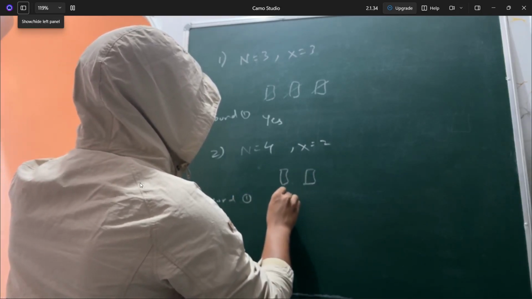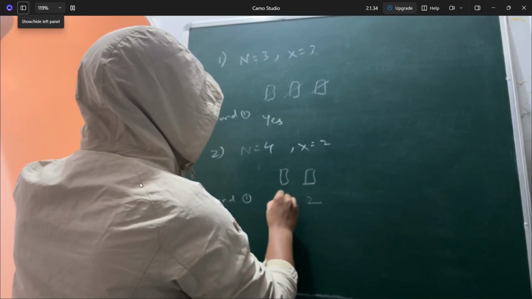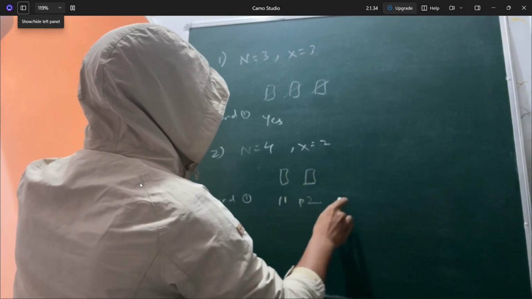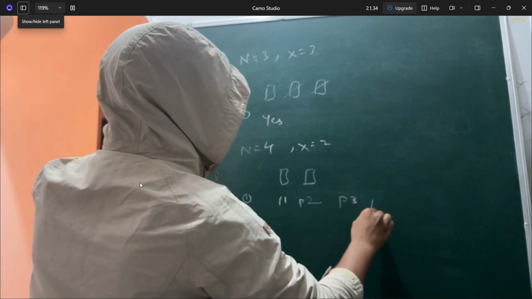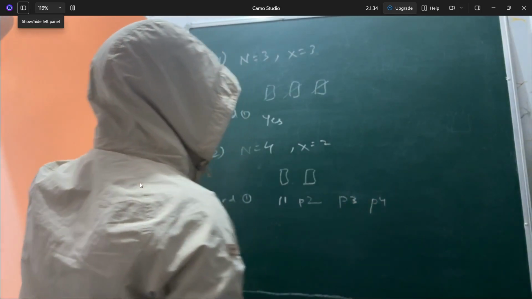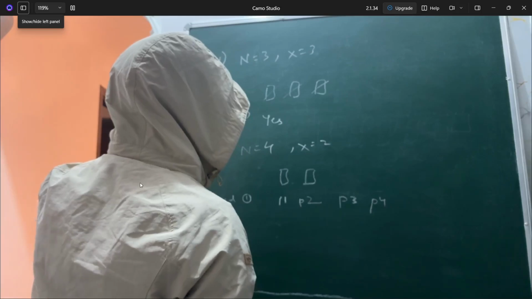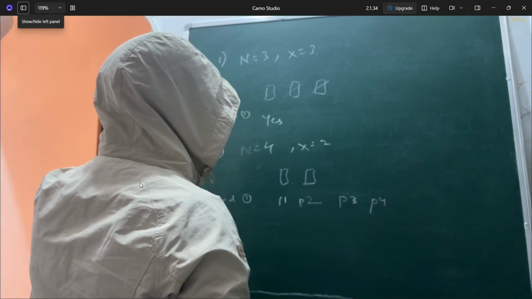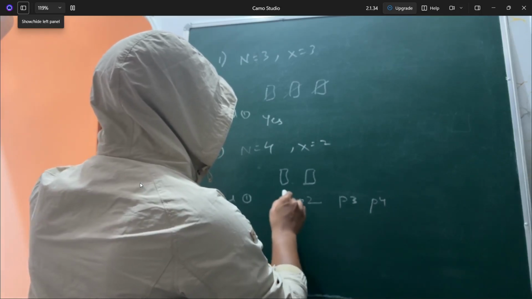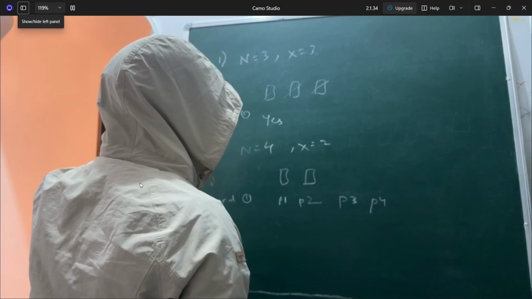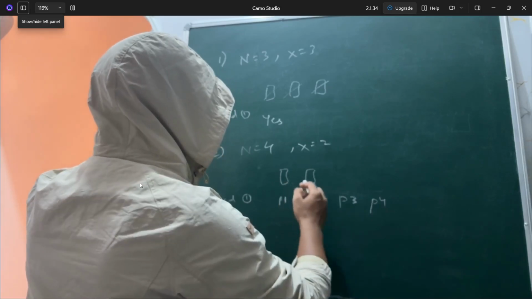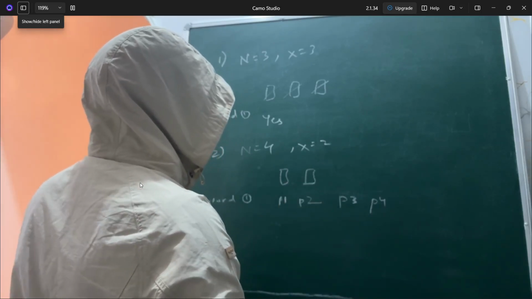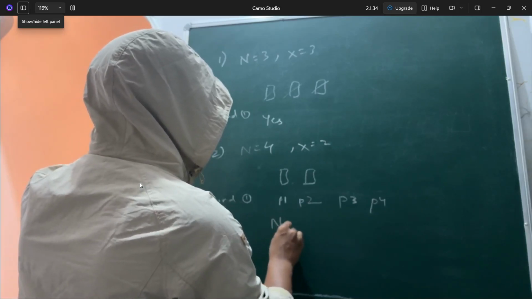Only 2 people, people 1 and people 2, will get 2 tiles, but people 3 will not get any tile, people 4 will not get any tile. So in the question they had said the game will be valid only if all the people get a tile, and at the end no tile remains. So in this case we'll have to return no.